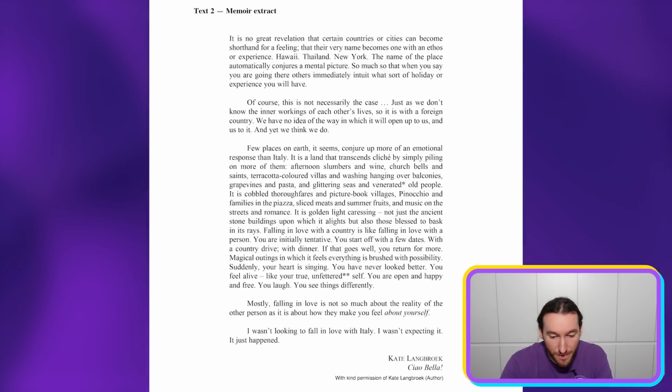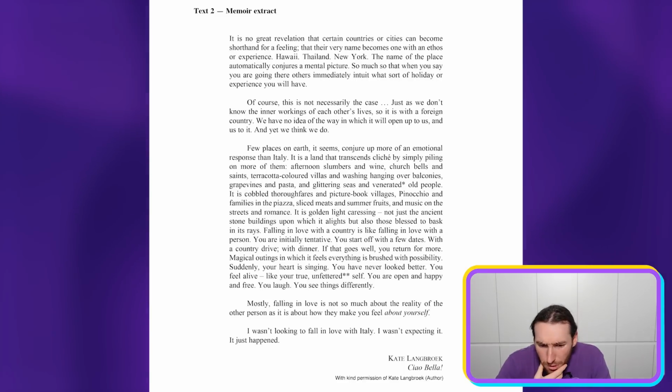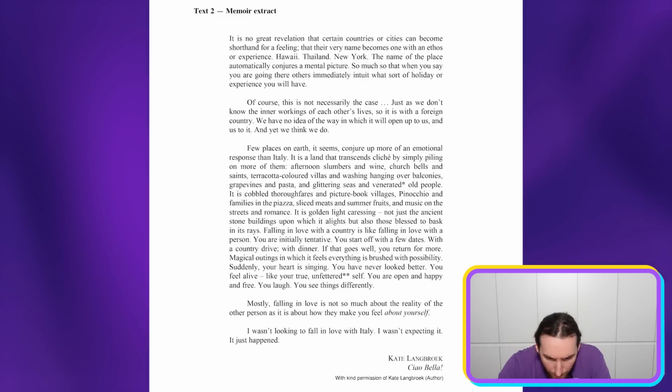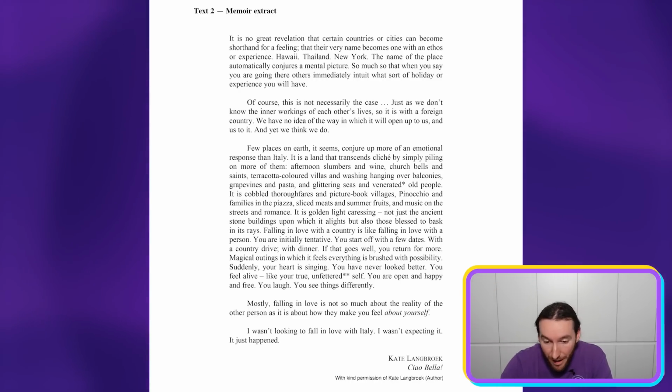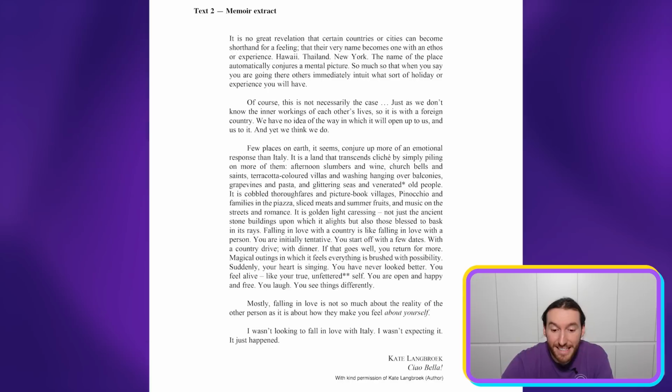Okay, second sentence of analysis. Let's go back to the document here. We were going to do something about all of the cliches being listed, so you could, again, if you just saw imagery, talk about visual imagery of the terracotta colored villas and washing hanging over balconies. Gives us that mental image which conjures up certain emotions for us reading it. But I might just take the accumulation more generally, the list of cliches.